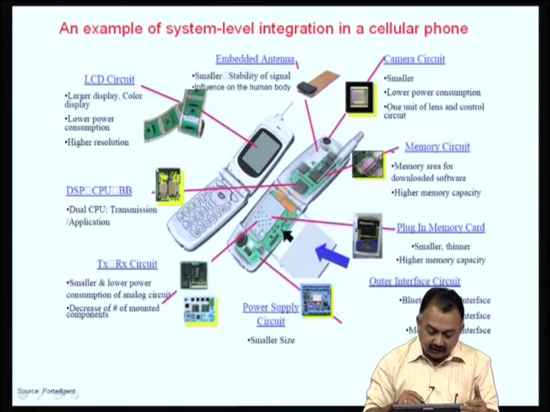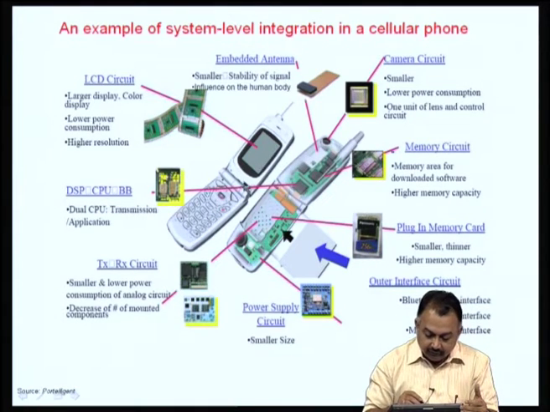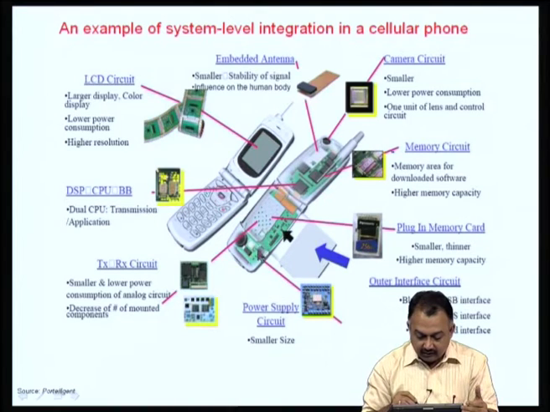So, this is the mechanical casing, and you can see the printed circuit boards are placed one over here, the other is kept in this particular part of the device.